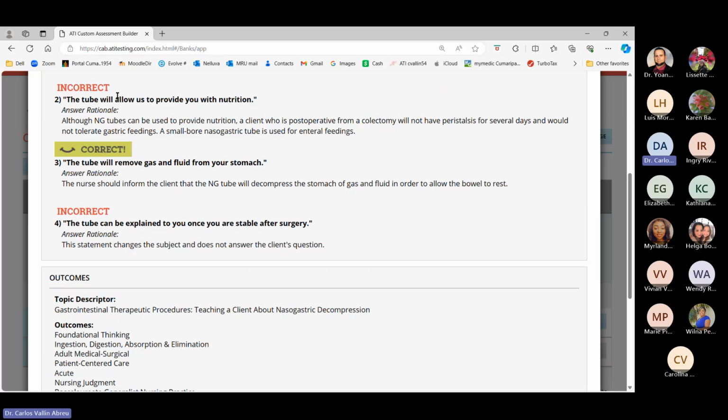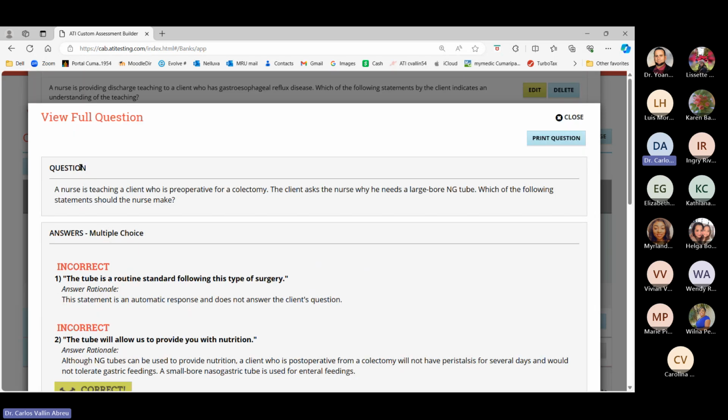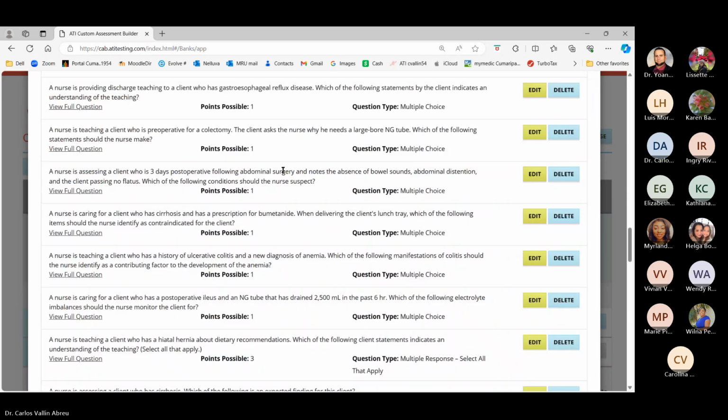The tube will allow us to provide you with nutrients. No, he's going to be NPO. The tube will remove gas and fluid from your stomach. Yes, decompression. This is the reason for the nasogastric tube connected to gastric suction. The tube can be explained to you once you are stable after surgery. This is not a correct answer.